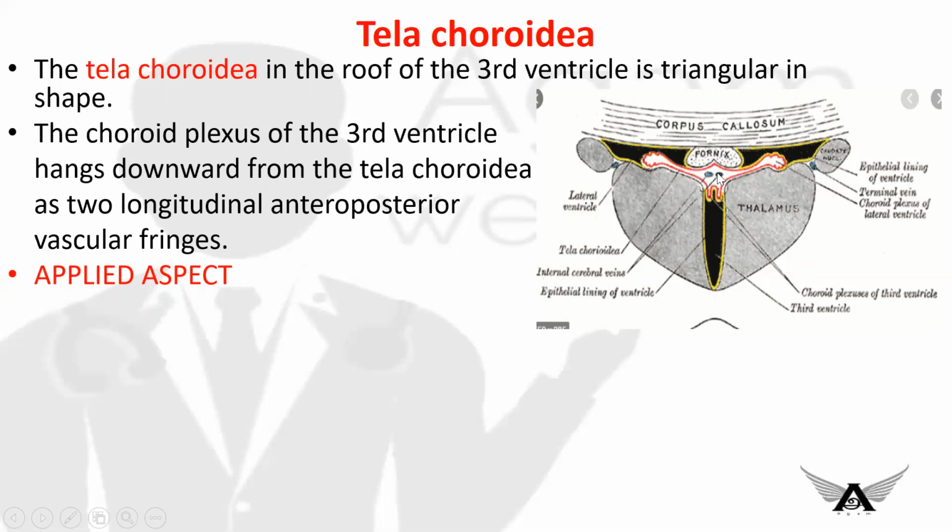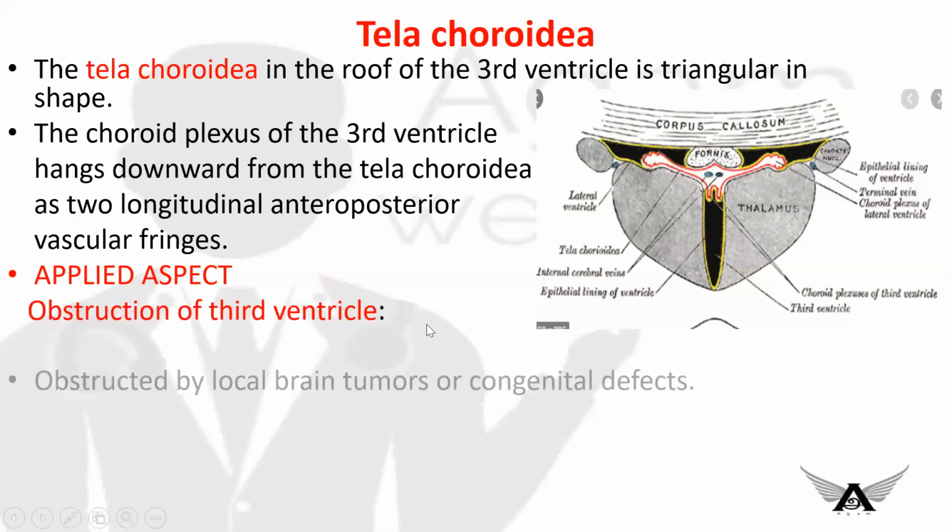This extension where the choroidal plexus are situated is called the Tela choroidea. So the choroid plexus hangs downward as anterior and posterior vascular fringes, that is, as two extensions from the Tela choroidea.